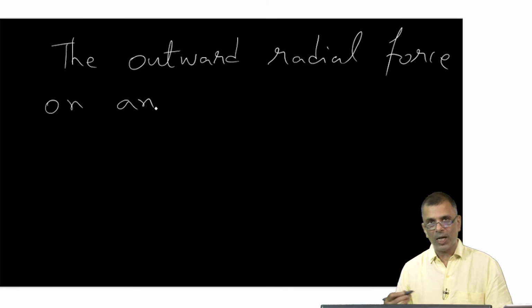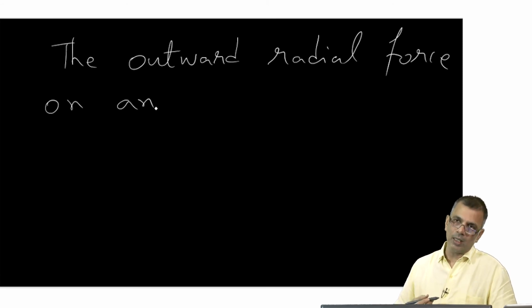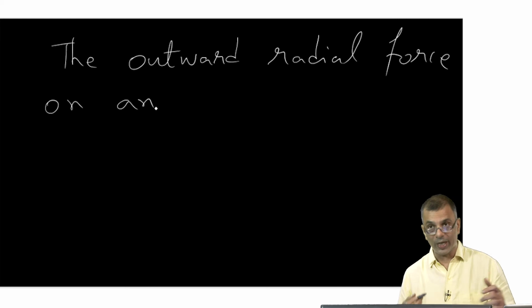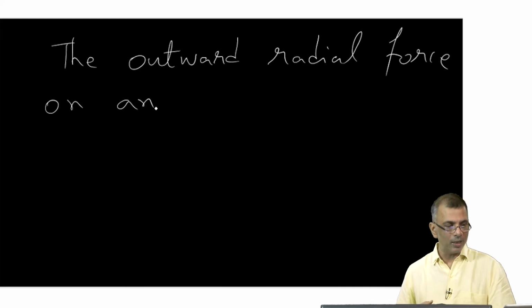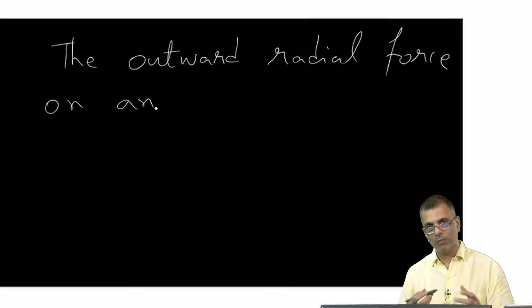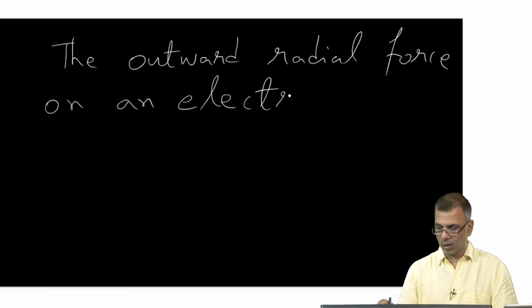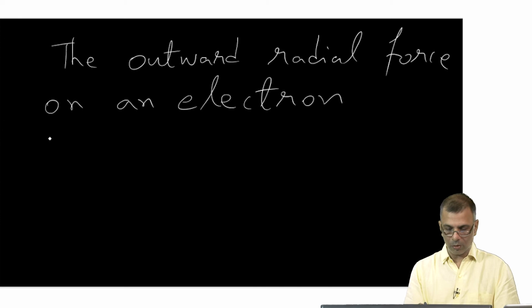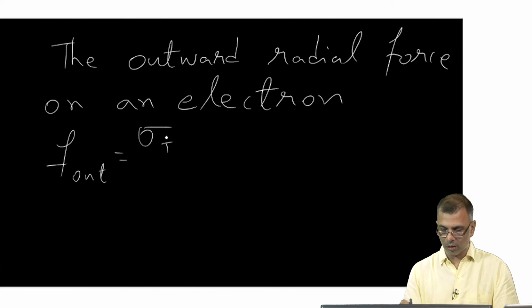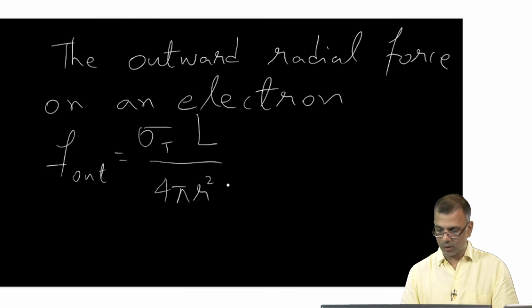Now, the mass is provided by the proton, but really electrons are the ones which radiate, and they are the ones which interact most effectively with photons. So on an electron, due to this radiation, F out is equal to sigma T, the Thomson cross section, times the luminosity over 4 pi r squared c at radius r, of course.